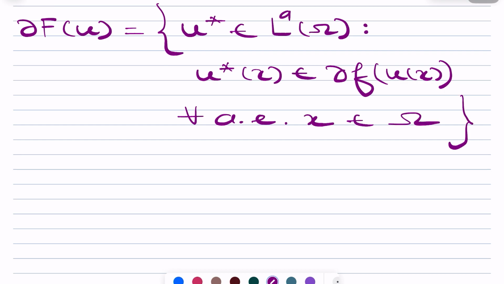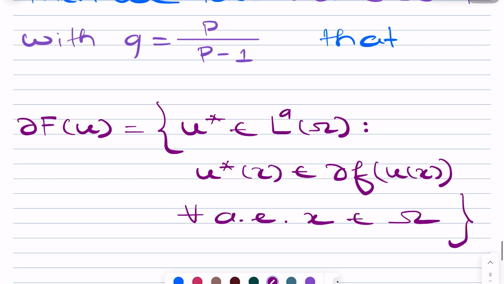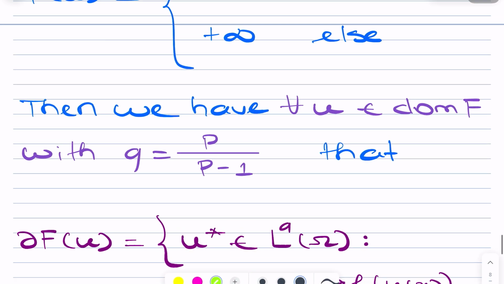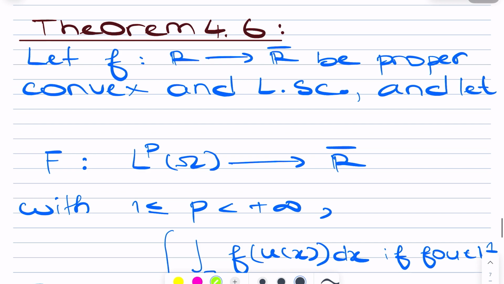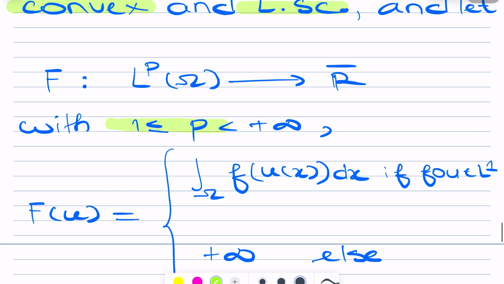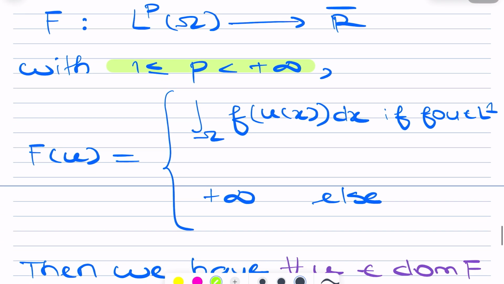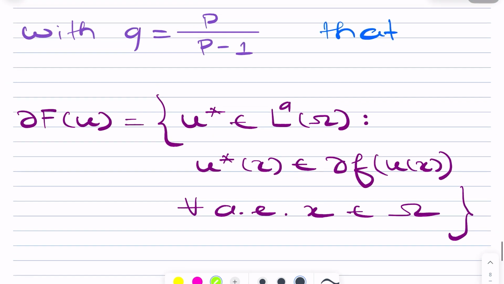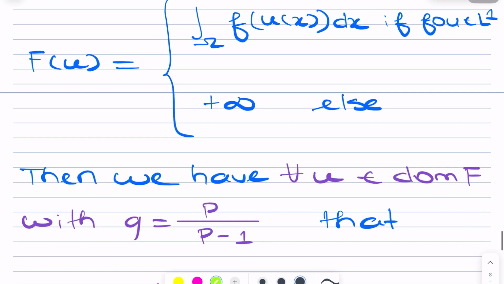Okay, so let me just highlight some key notions here. Our function little f needs to be convex, proper, and lower semi-continuous, and also p should be between 1 and plus infinity, plus infinity excluded. In this case, you can characterize the convex subdifferential of a functional capital F defined via the integral.